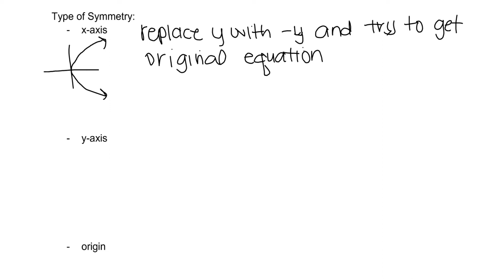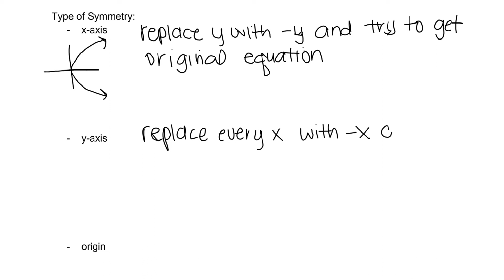Next, we have symmetric about the y-axis. So to be symmetric about the y-axis, you replace every x with negative x and try to get the original equation.